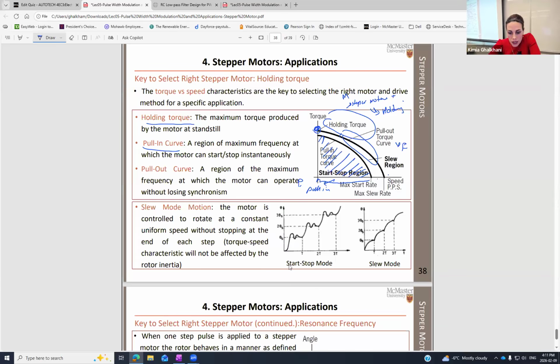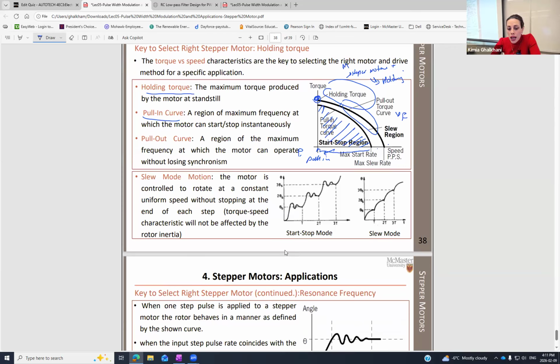And then what else in here? Start-stop mode means how long it will take for you to start from speed 0. Suppose, for example, you are aiming to go from maybe 100 to reach 200. That will be a start-stop mode. And this is not going to happen smoothly. It is going to happen with some ripple. Then you can clean it off, or use some filter to make the speed uniform without stopping at the end of each step.